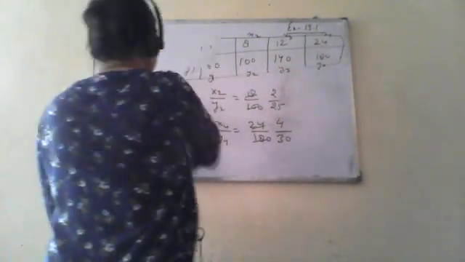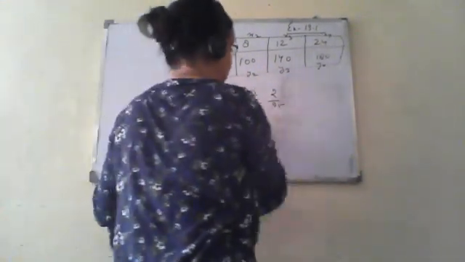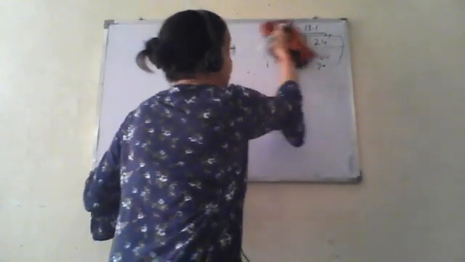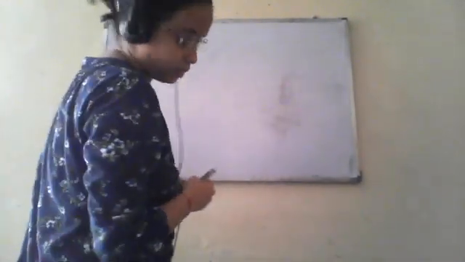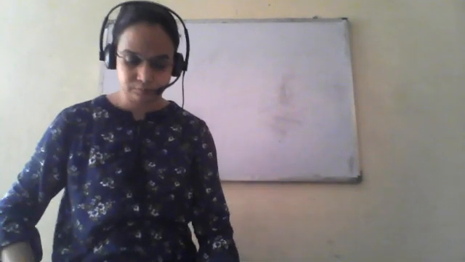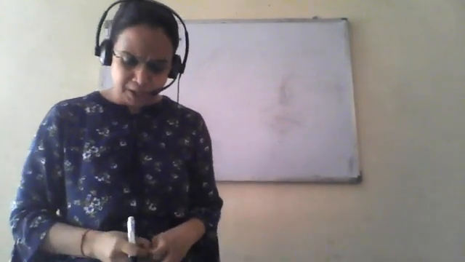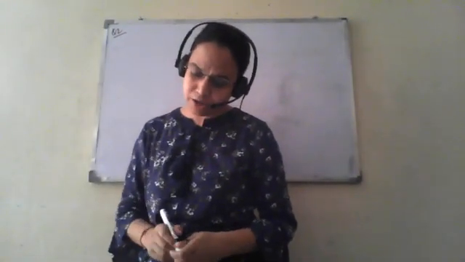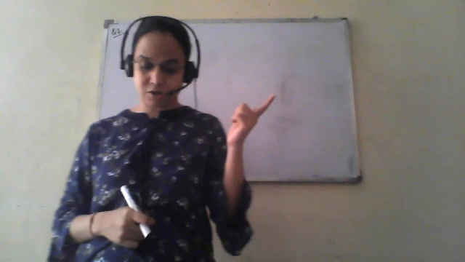Now question number 2. We will see question number 2. What is it? A mixture of paint is prepared by mixing 1 part of red pigment with 8 parts of base. So there are two things, red pigment and number of parts of base.